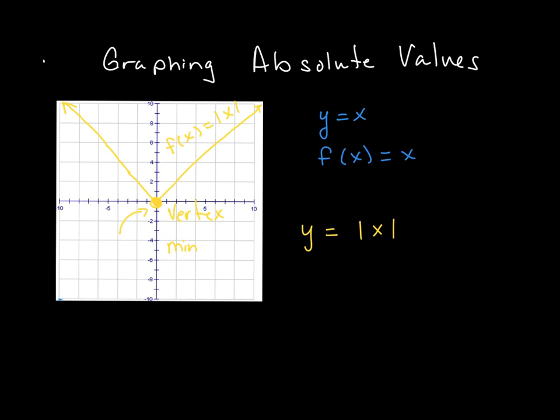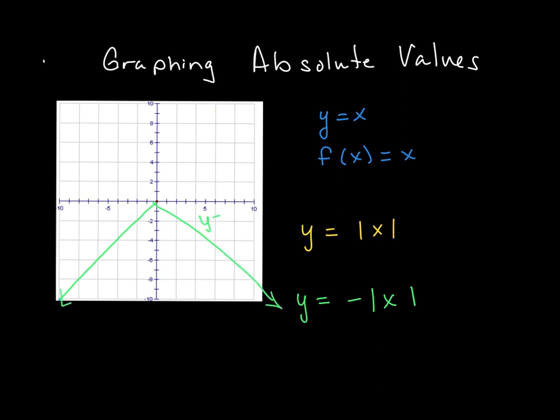Now, if this graph gets reflected and I have y is equal to negative absolute value of x, then all of this reflects down, and this is the graph of my function is equal to negative the absolute value of x. All the same transformations that we've talked about before will happen when you're doing with absolute values.